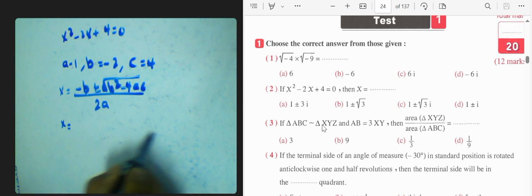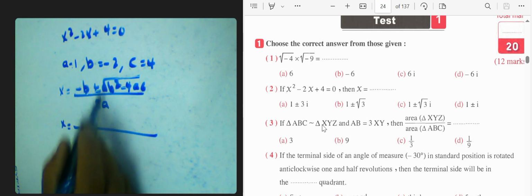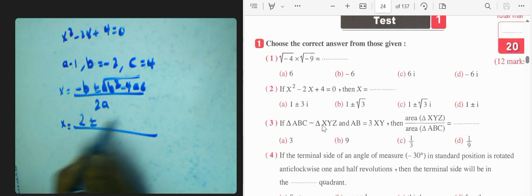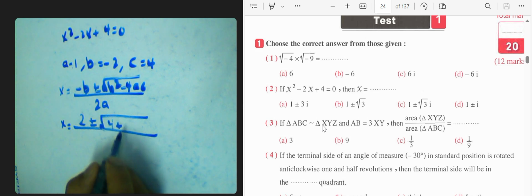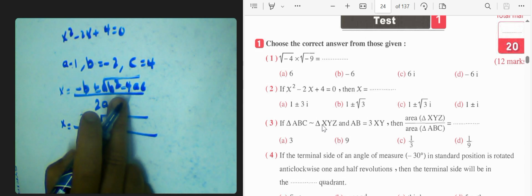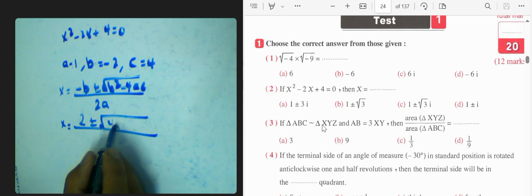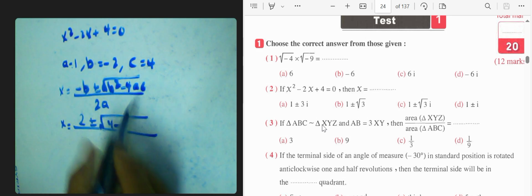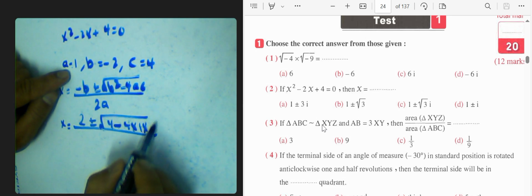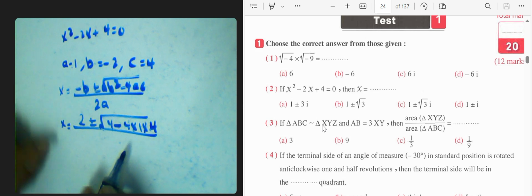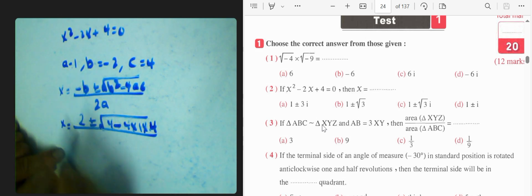Then the value of x will be equal negative times negative 2, positive or negative square root of b power 2, here it will be 4, subtract by 4ac, subtract by 4 product by a by c, 4 by 1 by 4, over 2a. 2 times 1 it will be 2.